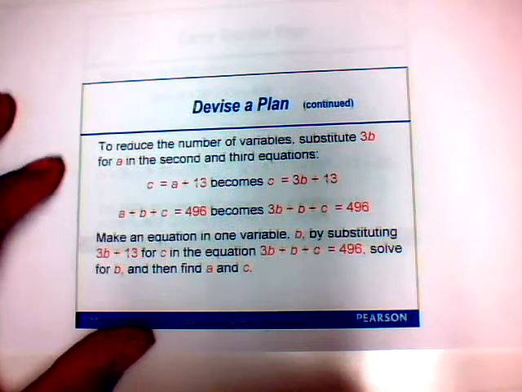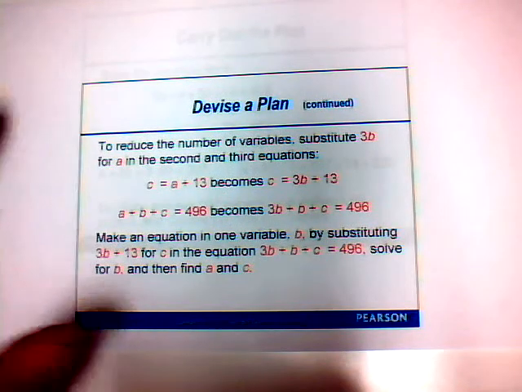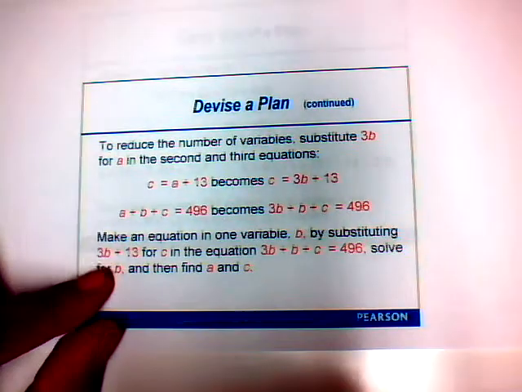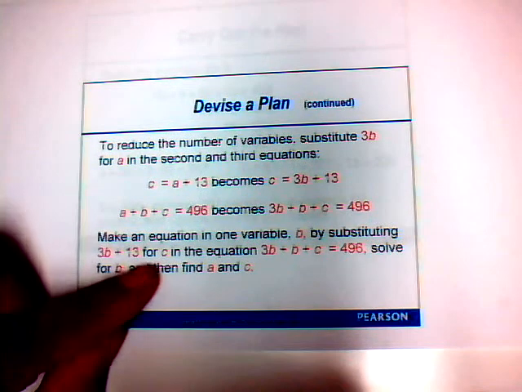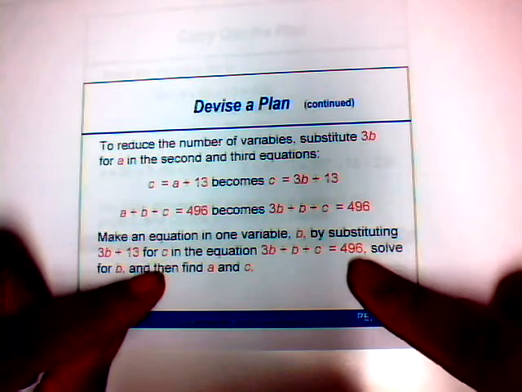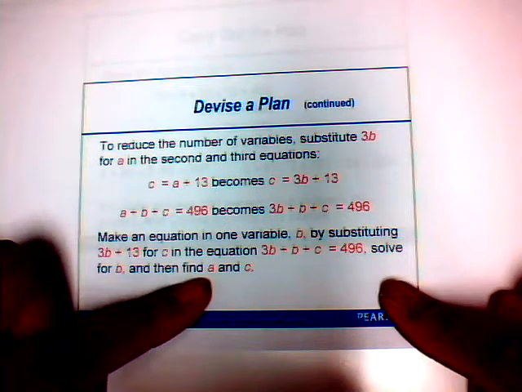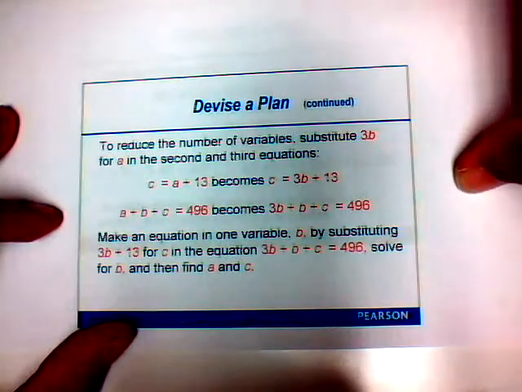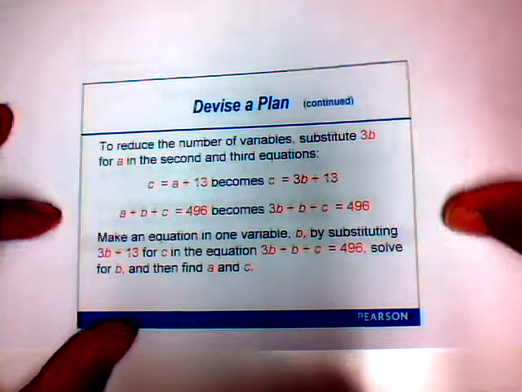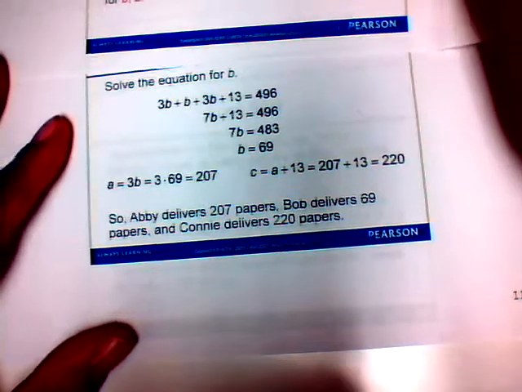Now we're going to make an equation in one variable, B, by substituting 3B plus 13 for C in this equation. Then we'll solve that equation for B, and then for A, and then for C. You'll see this on the next sheet.